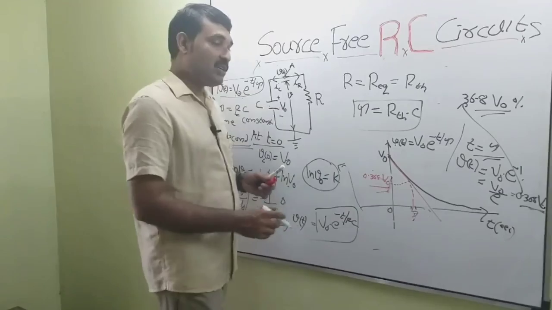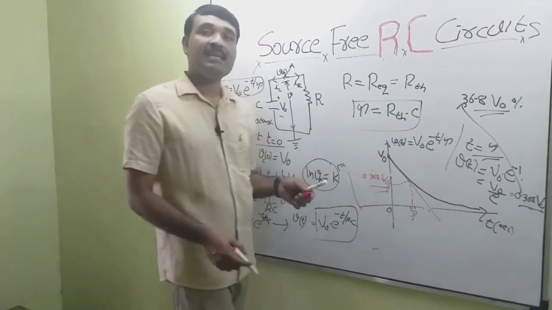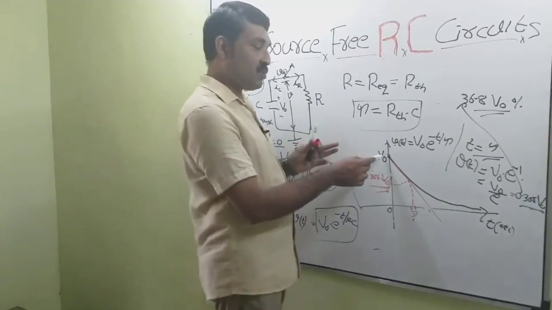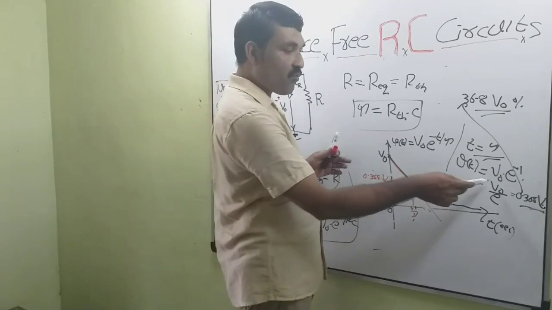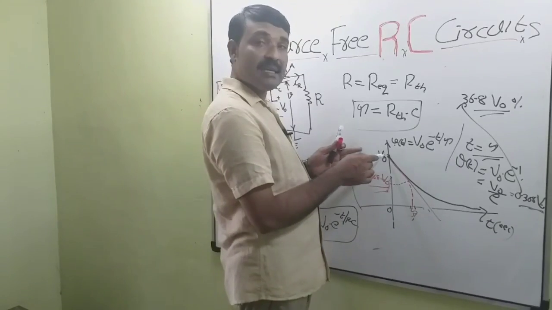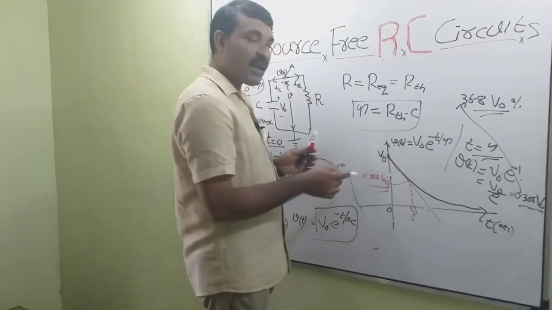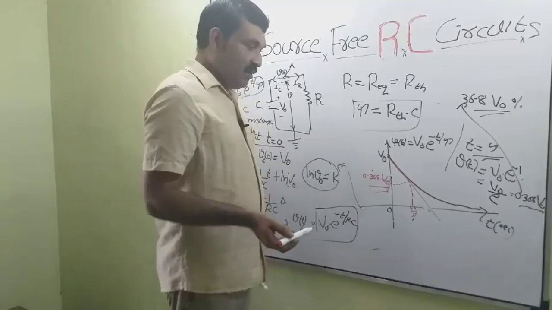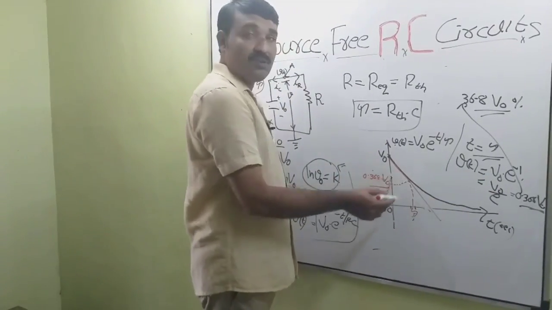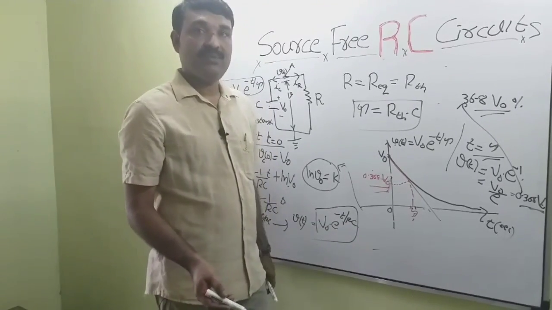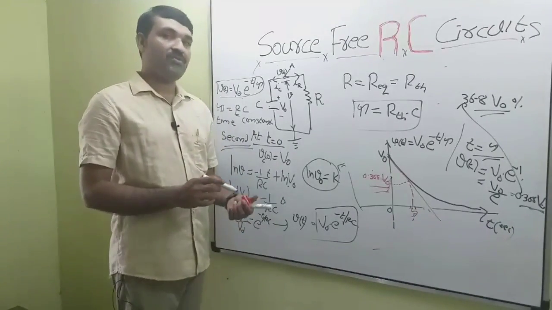So time constant tau is defined as the time taken for the response to reduce by a factor of 1 by e of its initial value, or the time required for the response to reach 36.8% of its initial value. That is the definition for time constant of the network.